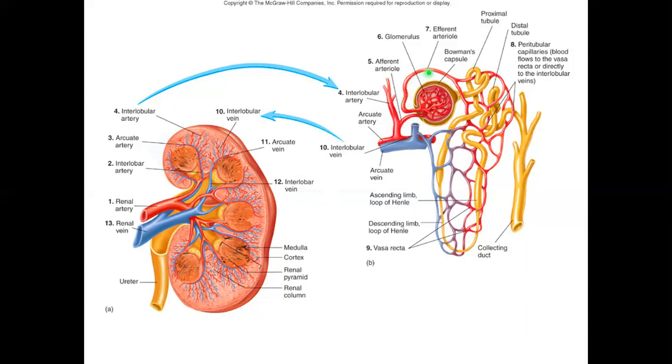And take a look at that efferent arteriole and how it wraps around the rest of the nephron. And this is the vasa recta. And then it comes back to the arcuate vein and ultimately to the renal vein, and then dumps into the vena cava. So the goal of filtration, or the goal of this nephron, is to filter out wastes and reabsorb nutrients. Okay.